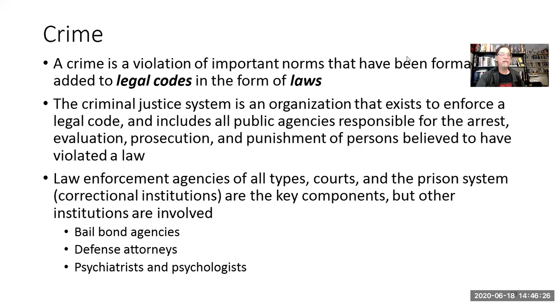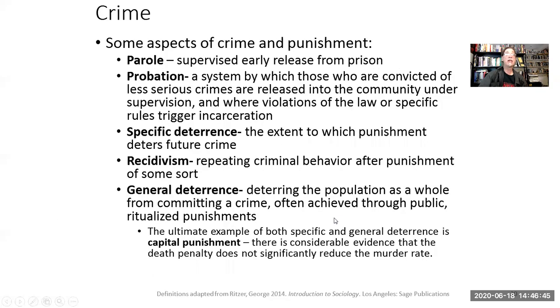In addition to defense attorneys, psychiatrists, and bail bond agencies, they're all involved in this entire corrections industry. So the prison system is a key element of that. And part of that has become even more privatized than it had been 100 years ago. We now have a lot of private prisons. I'll mention that in a moment.